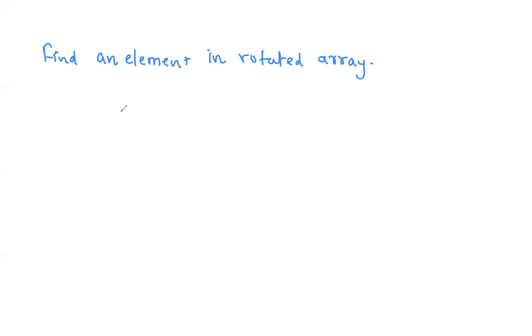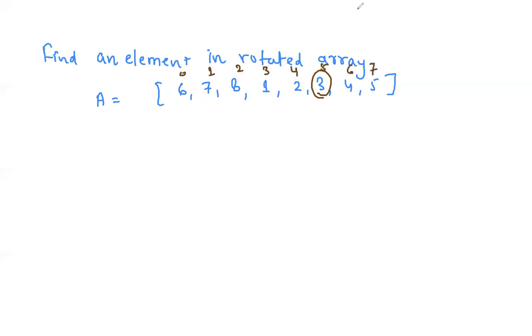Let's take the same array as we were working with earlier, and let's say I ask you to find 3. In a normal array, we have already seen binary search. In this array, how can we use the binary search algorithm to find that element?